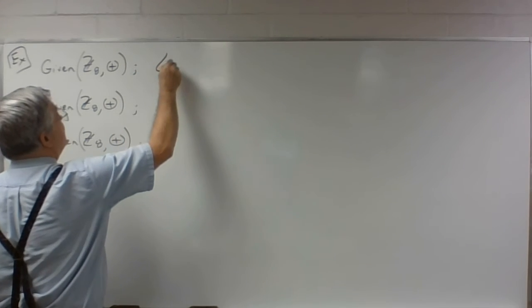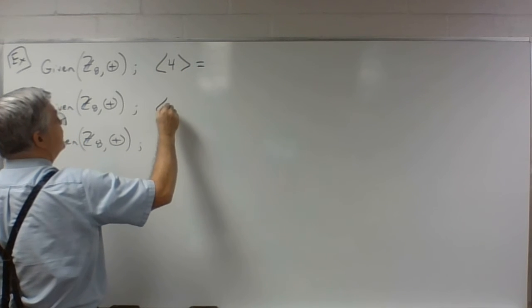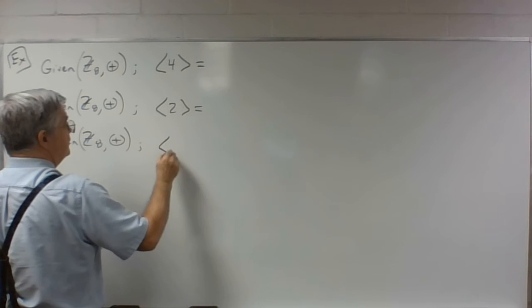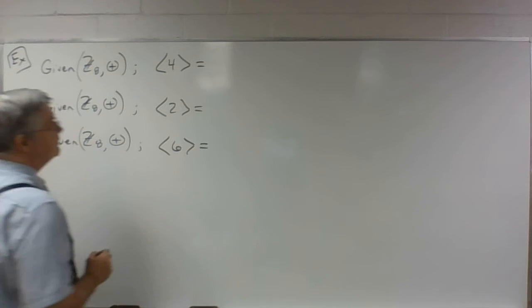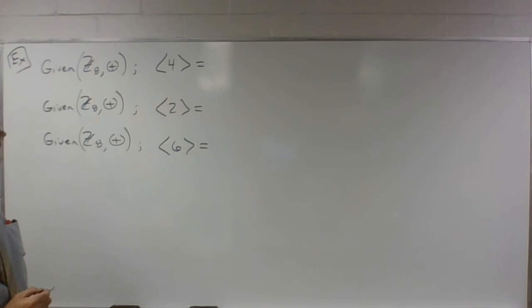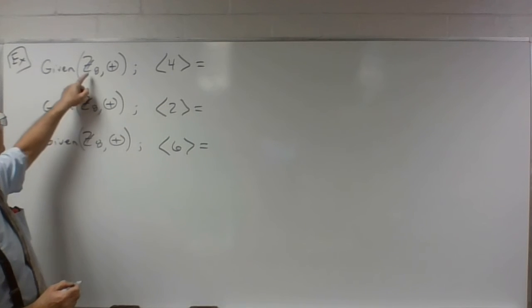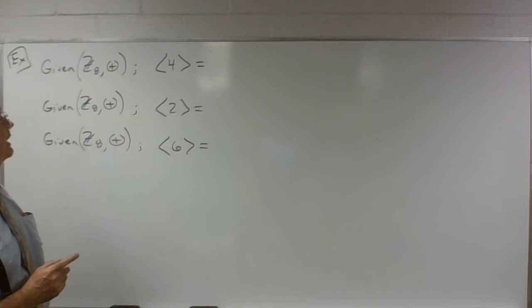And we're looking for the subgroup generated by the element 4, the subgroup generated by the element 2, the subgroup generated by the element 6. And I guess I deliberately picked all of the elements of Z8 that aren't relatively prime with respect to 8.